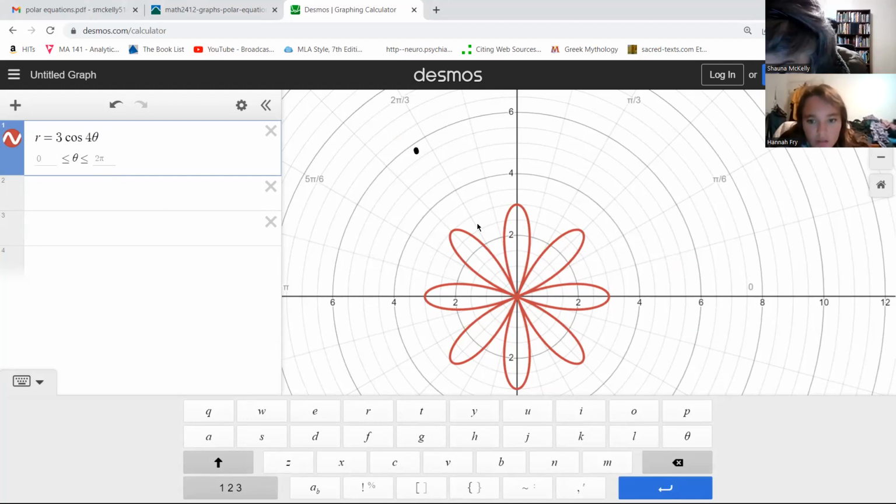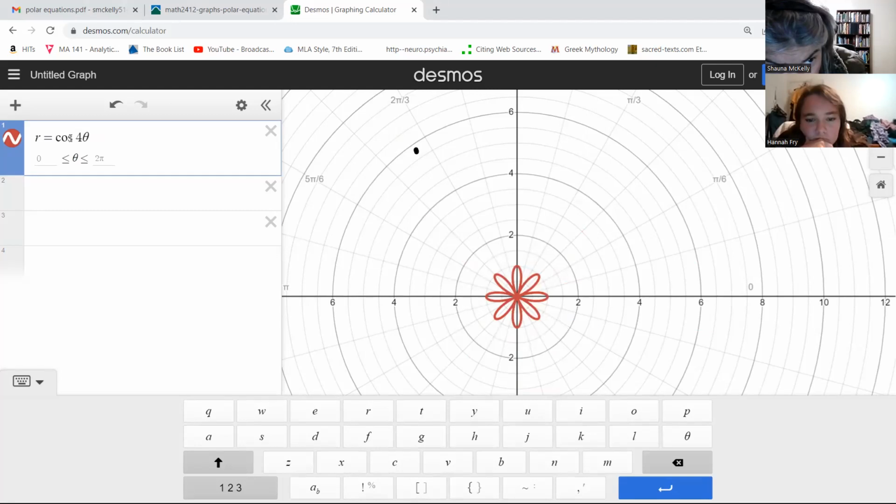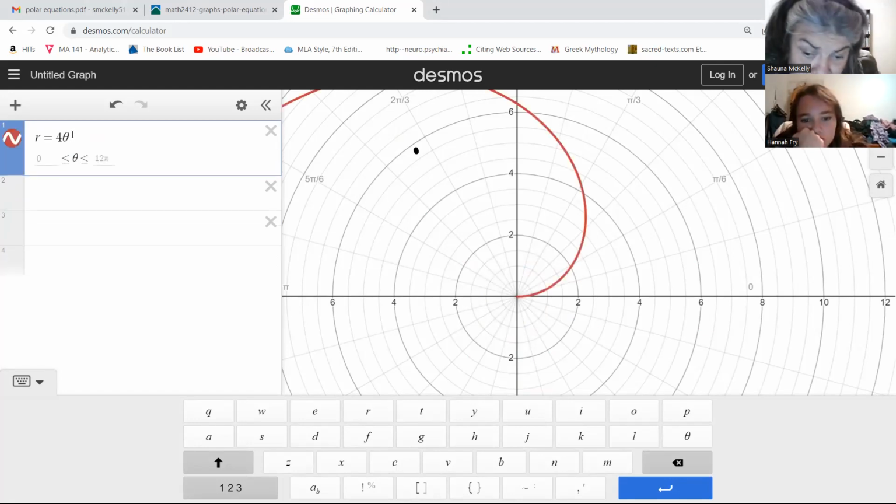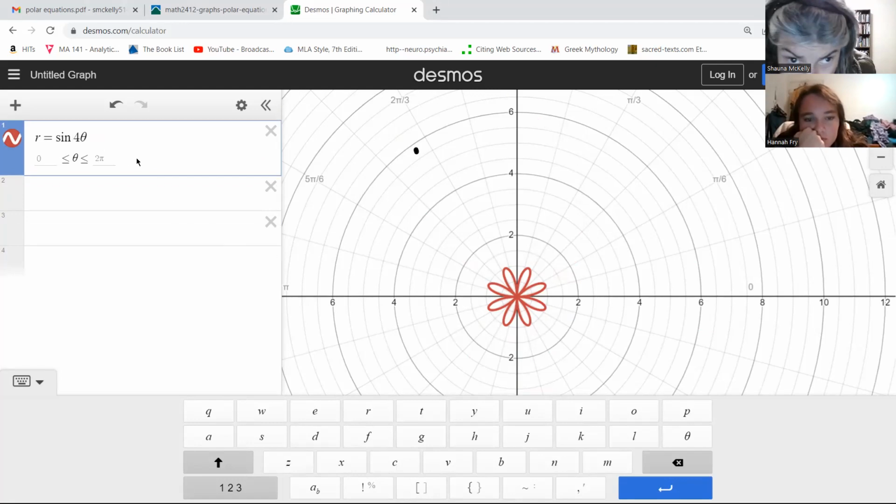Now, if this happens to be a sine, let me show you what happens there. Suppose that I drop the 3 for now. If I have a sine function, let's just say I have r equals the sine of 4 theta. When you deal with a sine, again, we still have double the number of petals because it's a 4.